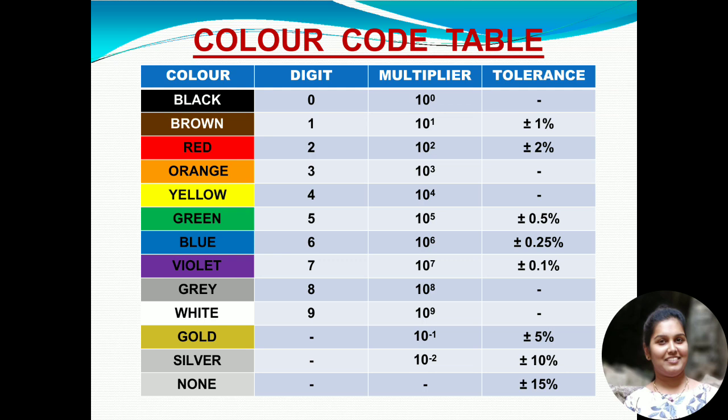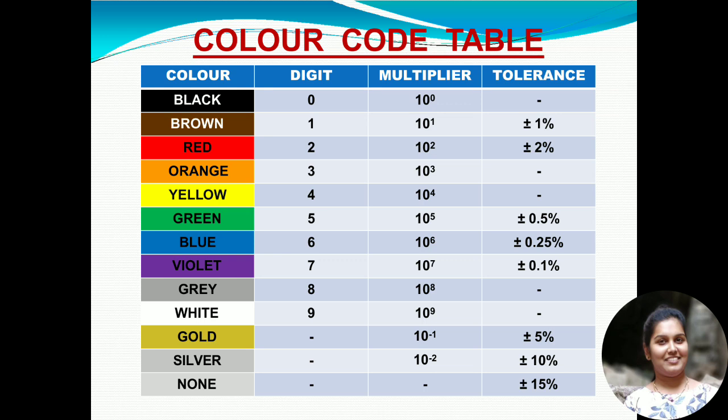All these values are fixed and should be kept in mind: black, brown, red, orange up to white. Starting from black, that is 0, to white, that is 9, these values should be remembered, and when you find the color you can simply write the number, and that number will give you the value of the particular resistor.